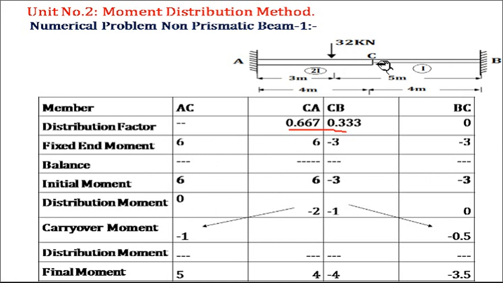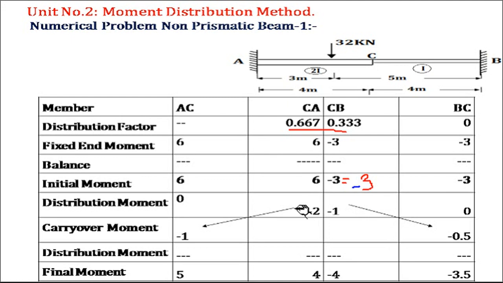So at joint C, the moment of inertia is changing. For joint C to be in equilibrium, moment in member CA plus moment in member CB should be equal to 0. Here, 6 minus 3, that value is coming equal to 3. So the difference in moment at joint C is plus 3, and the correcting moment will be minus 3.